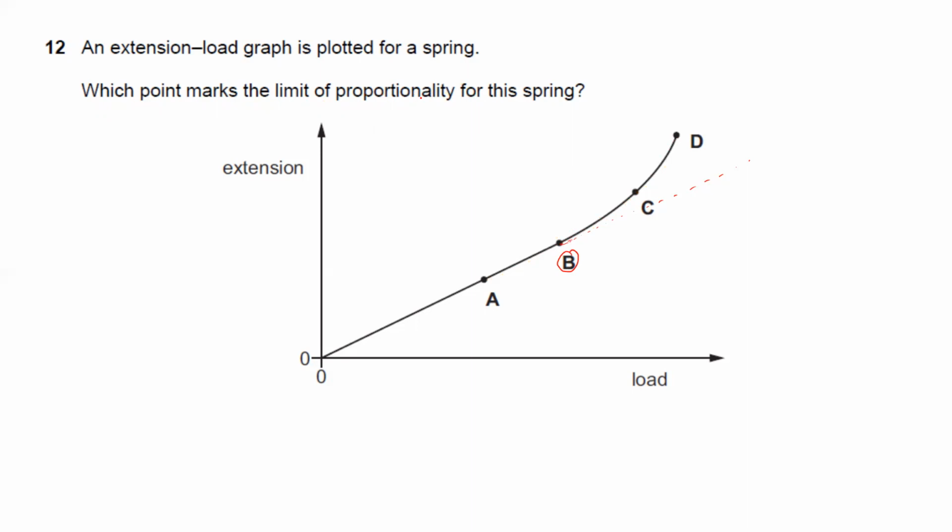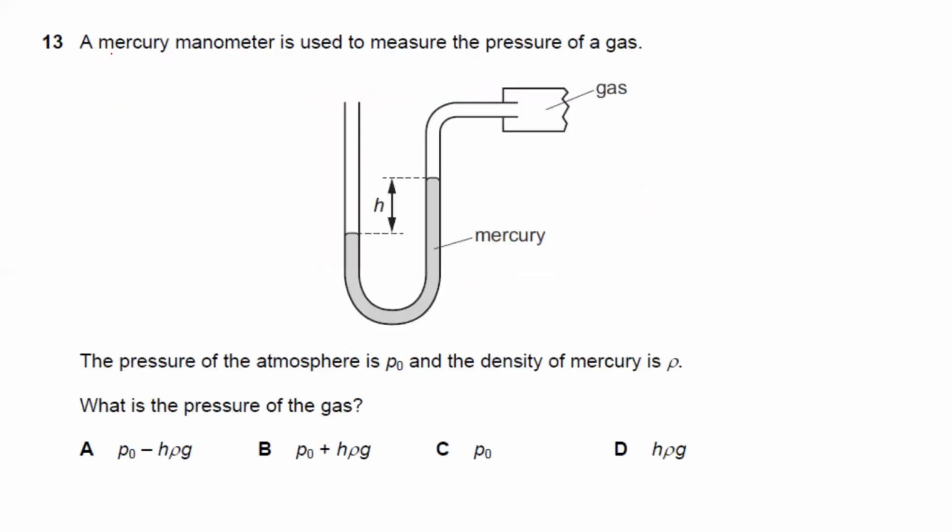Okay. So question 13 says a mercury manometer is used to measure the pressure of a gas. The pressure of the atmosphere is P naught and the density of mercury is rho. What is the pressure of the gas? So remember, this is the atmosphere, and the atmospheric pressure, P naught, is acting in this direction.